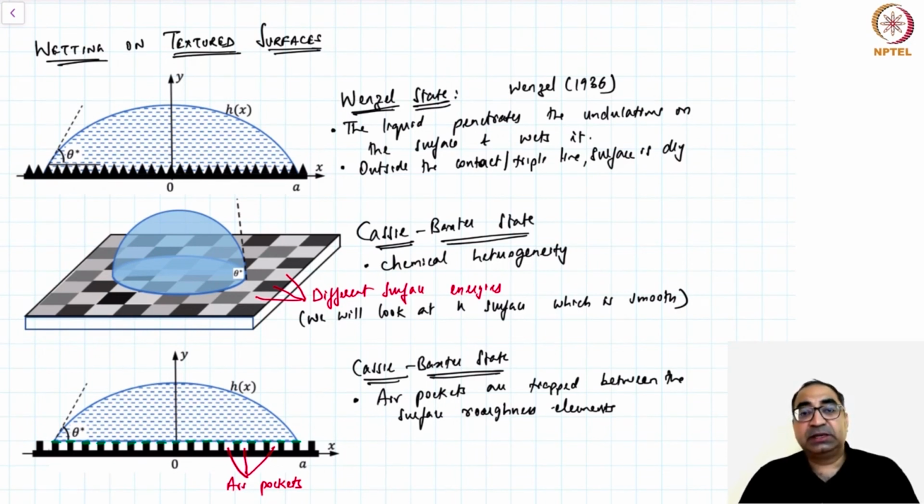As I already said, as an engineer, one can play around with 3 primary parameters. One is the Young's angle for an idealized smooth surface. Then you can play around with two roughness parameters. One is the parameter R, the ratio of the total surface area of the rough surface to the area of the projected surface, and the parameter φs, the ratio of the area of all the islands, where the droplet is sitting on the air pockets, to the projected area.